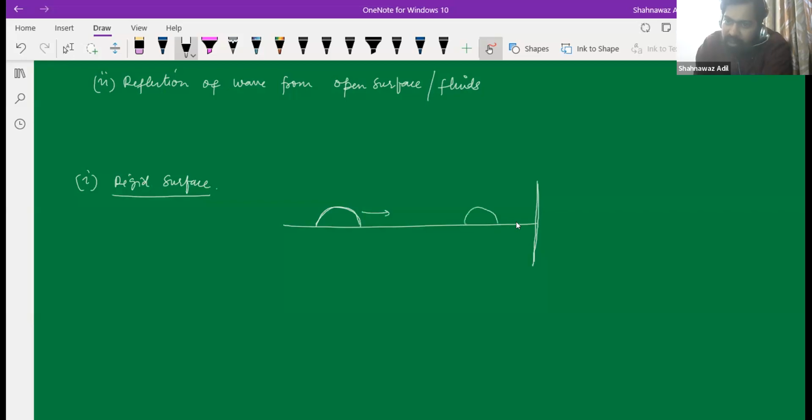This is coming, and then it strikes in here, and if this surface is a rigid surface or closed surface, then this will be reflected in this phase. Then it will go like this, out or reflected.